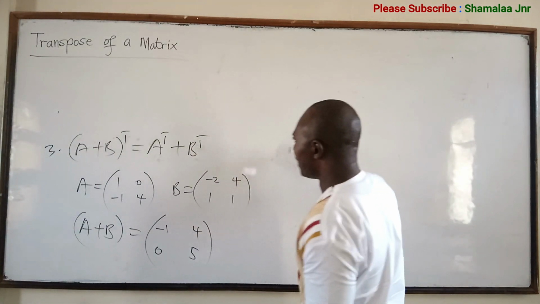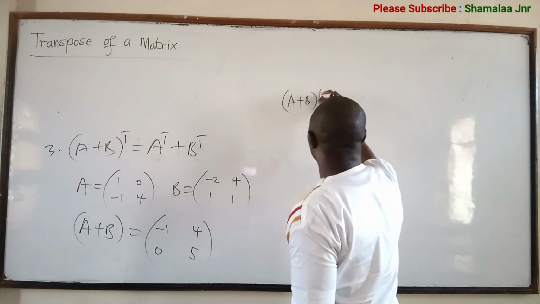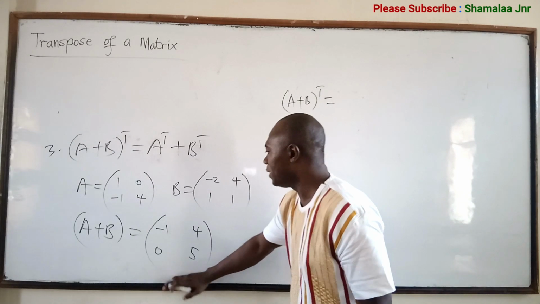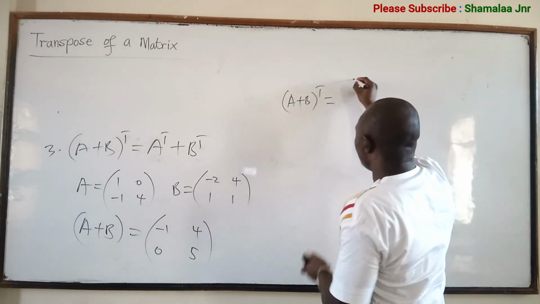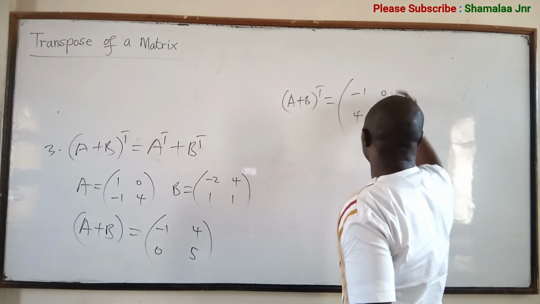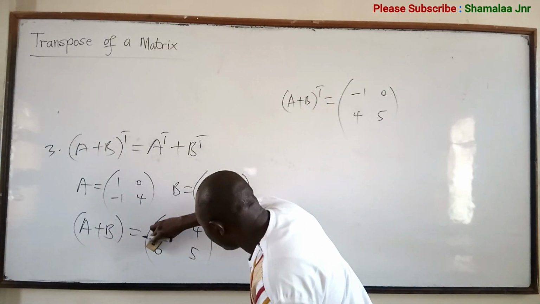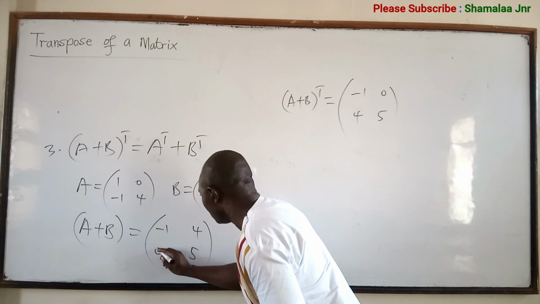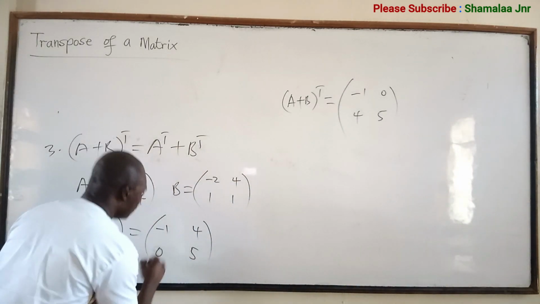Now this implies that A plus B all transpose. It means you have to transpose this answer. And if you transpose this one, we are going to get -1, 4, 0, 5 this way. Take this one, place it this way, and this way. So that's this way.